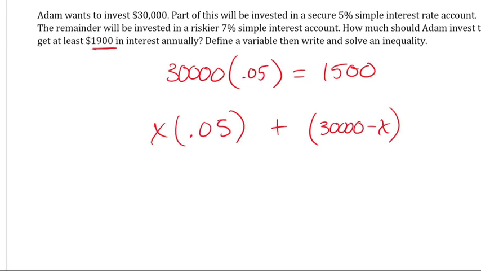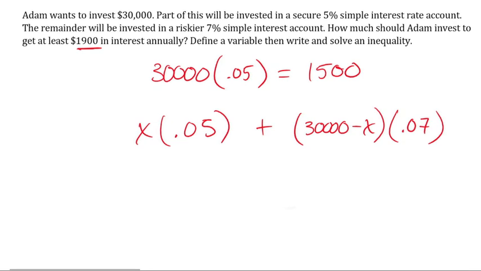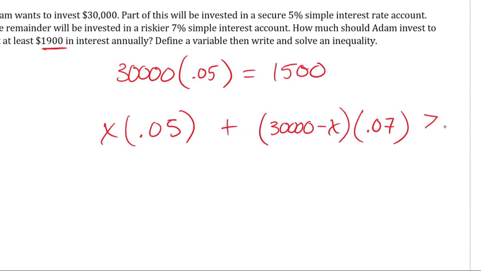So that times 0.07 is how much money he's getting from his investments, and this amount has to be greater than or equal to $1,900, since it says at least.